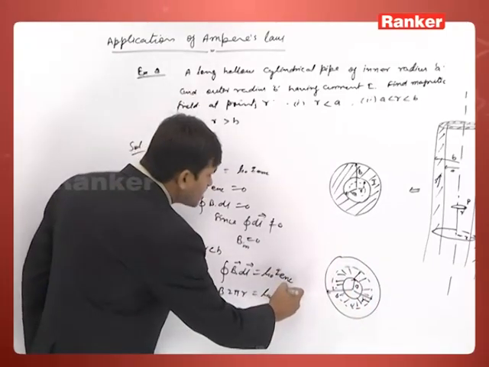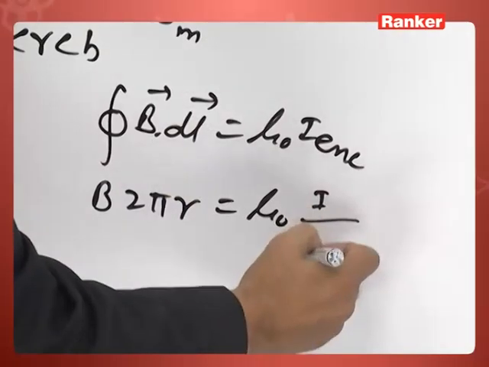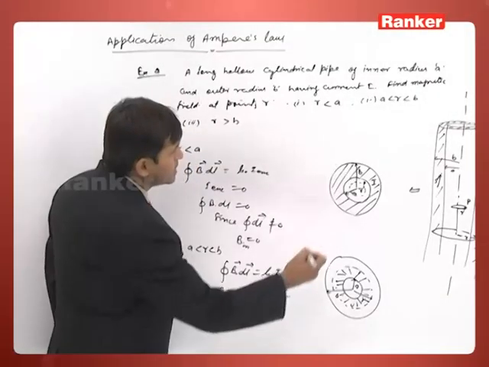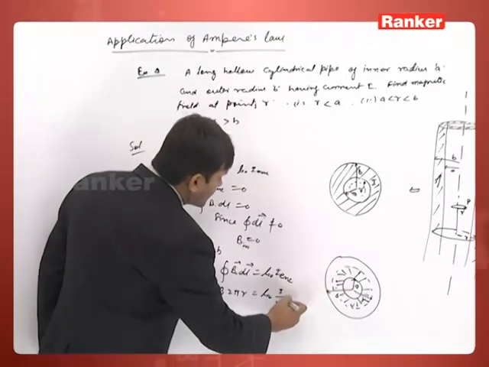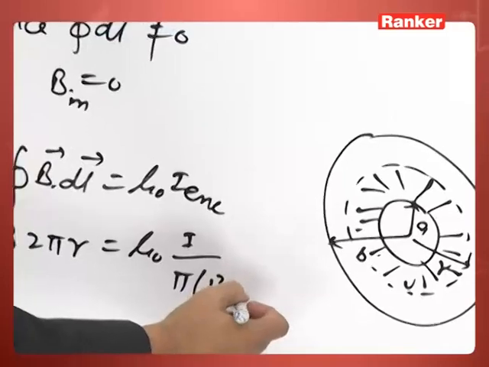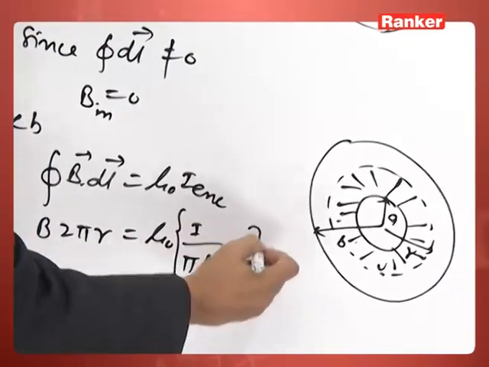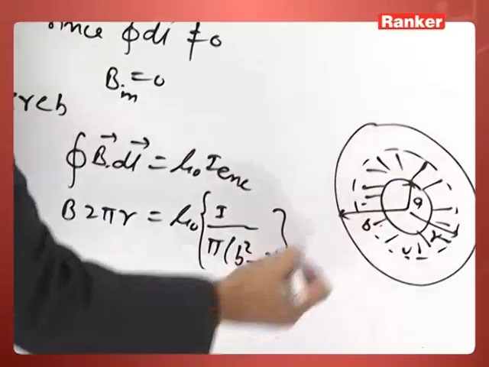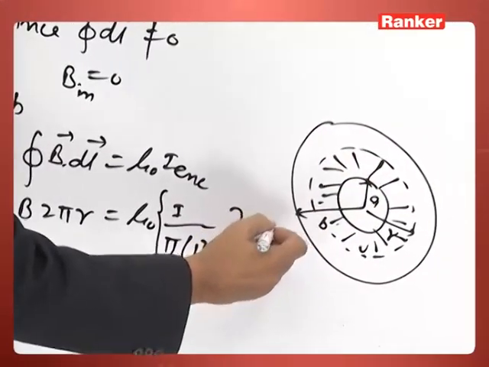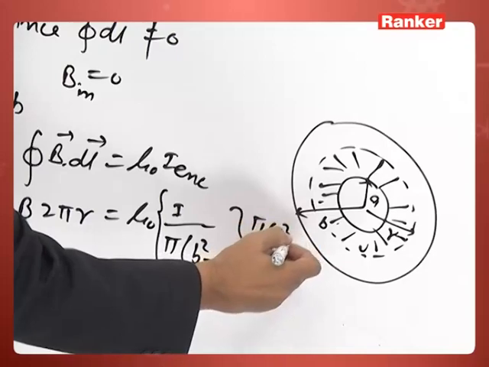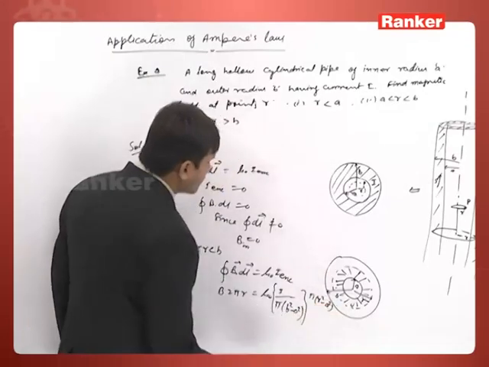Current per unit area is I by pi (b square minus a square), and the area of this part is pi (r square minus a square).